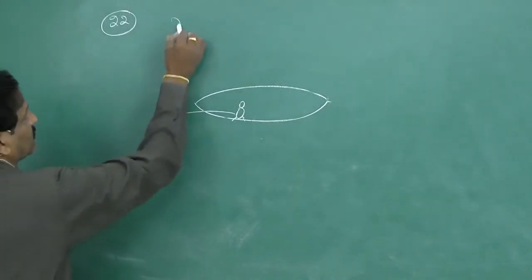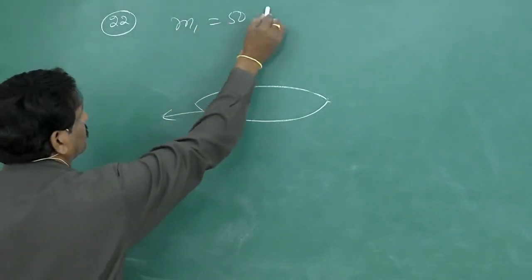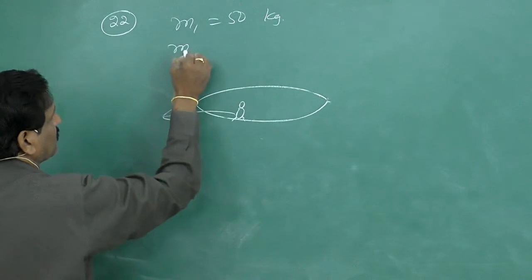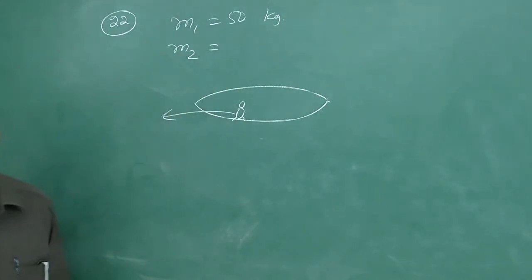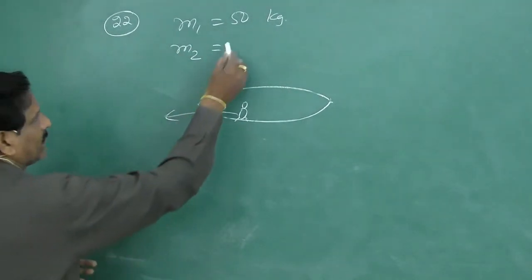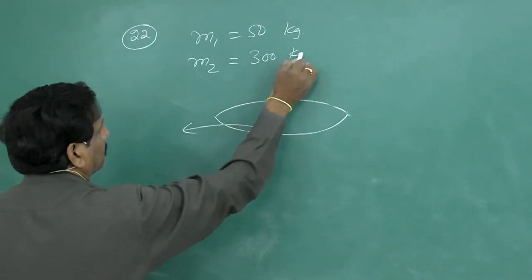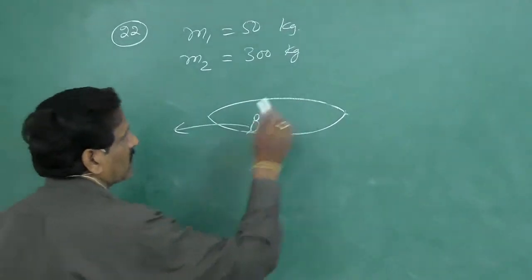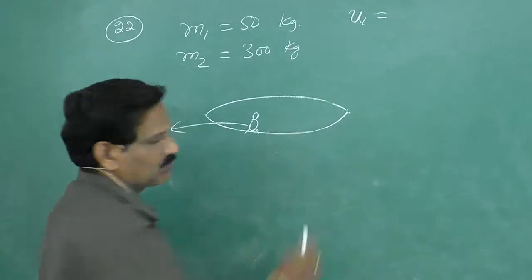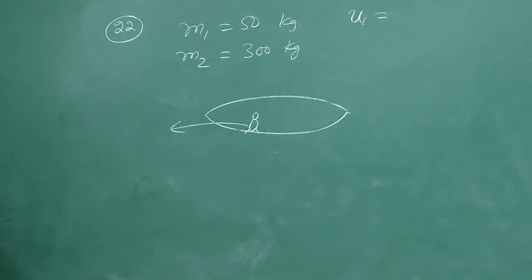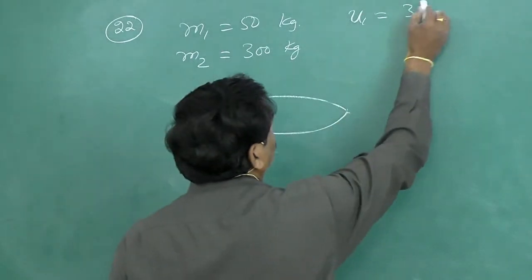Mass of person is 50 kg, mass of boat is 300 kg, and velocity of the man is 3 meter per second.